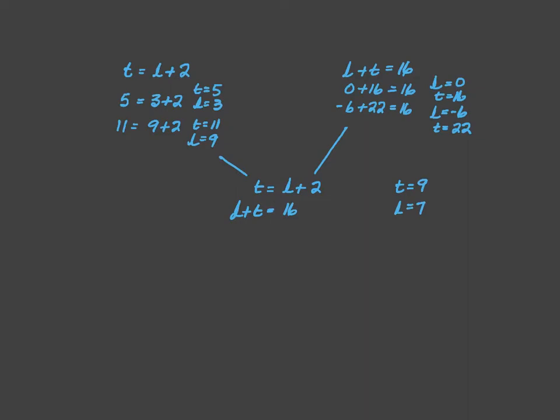And we saw that that solution works in this equation and in that equation, which is why there's just one answer. There's only one answer to the simultaneous equation. It's the answer that makes both equations work.